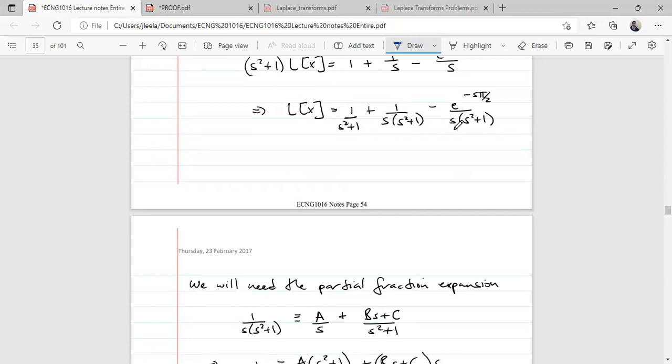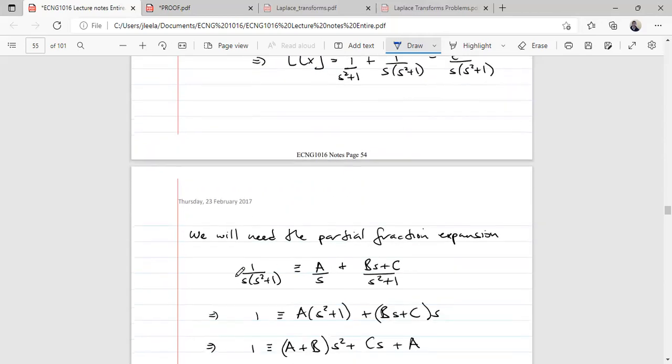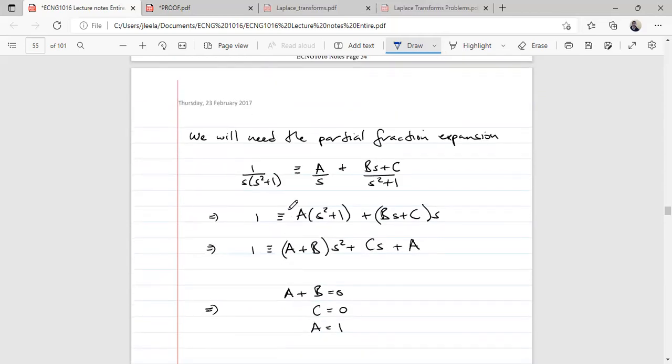But this part and this part here, we need to apply partial fractions in order to find the constants on top. So we have 1 over s into s squared plus 1 is equal to a over s, right? So the s is a simple factor, but the s squared plus 1 is an irreducible quadratic factor. So when you have an irreducible quadratic factor, it will be a constant times s plus another constant.